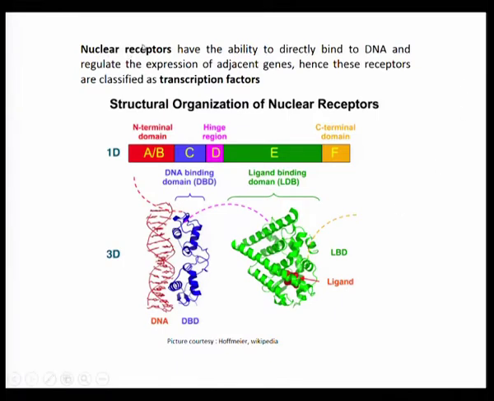You see over there the definition I have mentioned: nuclear receptors have the ability to directly bind to DNA and regulate expression of adjacent genes. It means nuclear receptors are the switches that decide what genes can be expressed and what genes can be suppressed. So these receptors act like transcription factors.